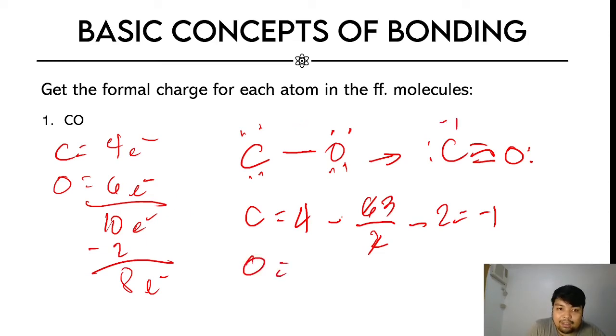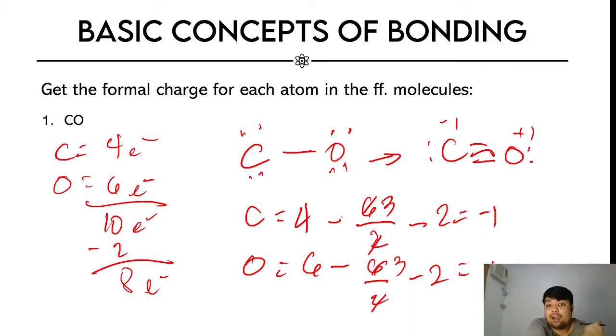Oxygen has 6 valence electrons, and it will have 6 bonding electrons because of the triple bond, divided by 2, minus 2 non-bonding electrons. So that is equals to 6 minus 3 is equals to 3, minus 2 is equals to positive 1. So oxygen will have a formal charge of positive 1.